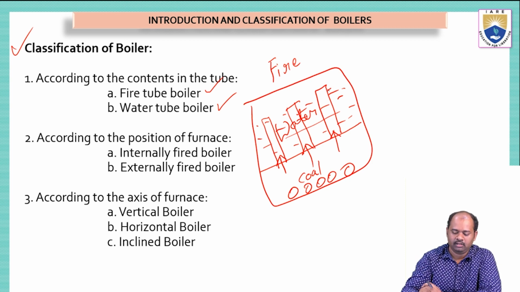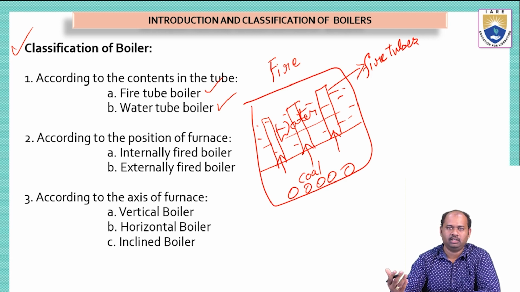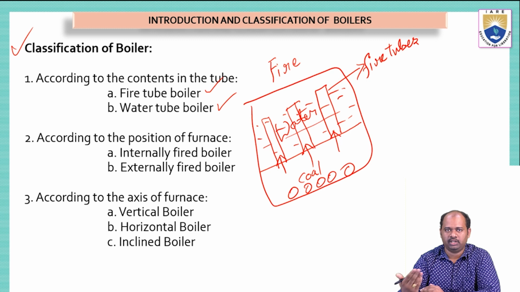The hot gases generated during combustion enter these tubes, and because these fire tubes are placed inside the water, the heat of the hot gases is transferred to the water and the water is converted into steam. So this is the first kind, the fire tube boiler.